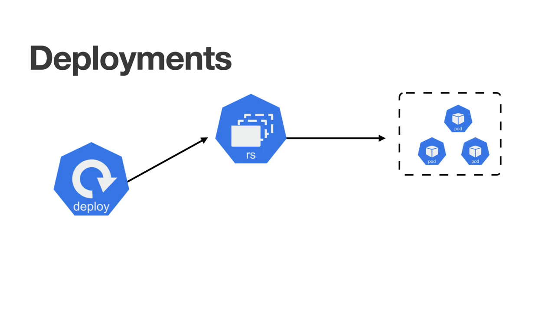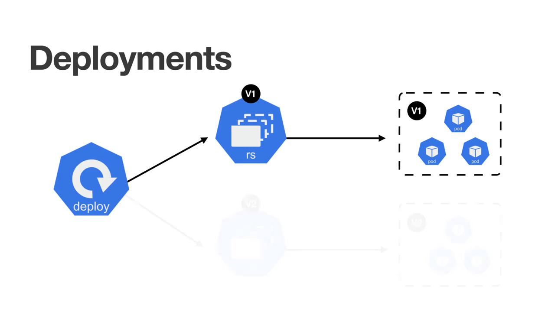Now, the purpose of a deployment is to facilitate software deployments. So here, let's say that in this scenario, we have version 1 of our application. Now, if you want to release a new version of your application, Kubernetes will take care of the deployment for you.